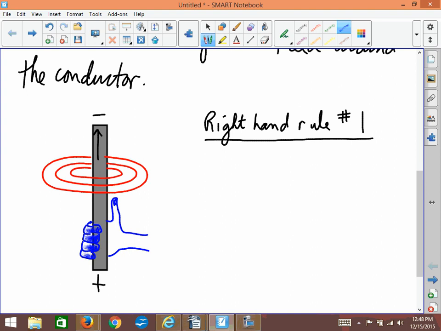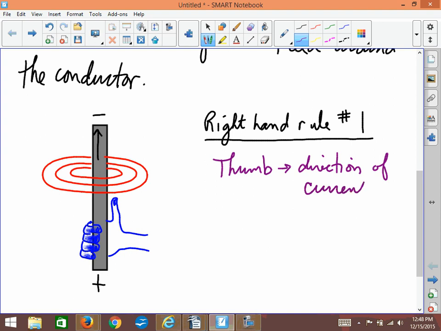If you grab the wire like this, you'll notice something really cool. Your thumb is pointing in the direction of the current. So it's telling you which way the current is going. The electric current, right? From plus to minus.